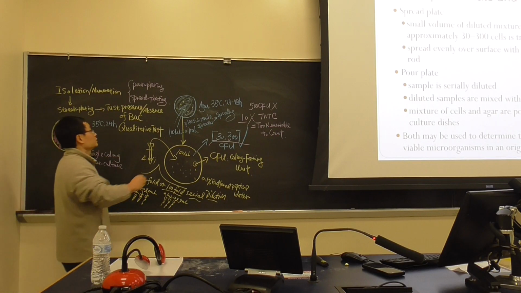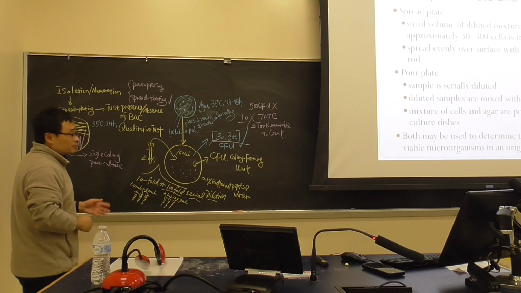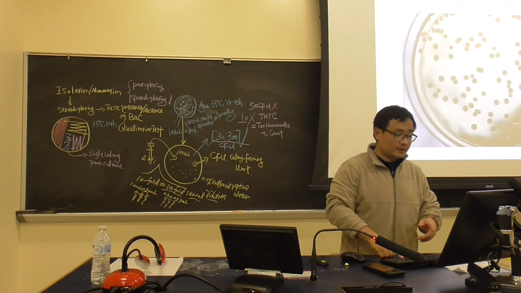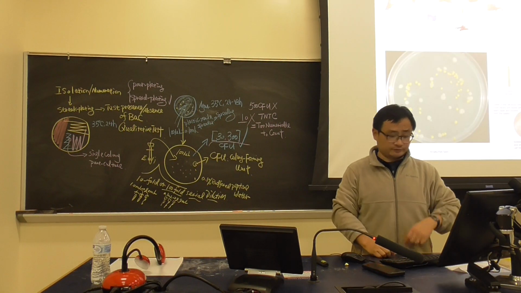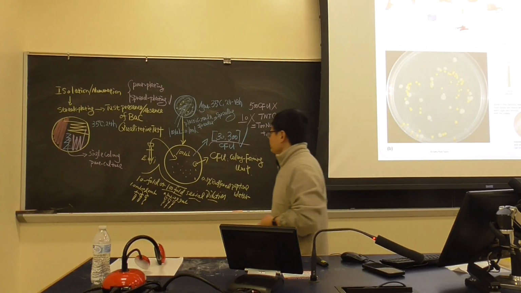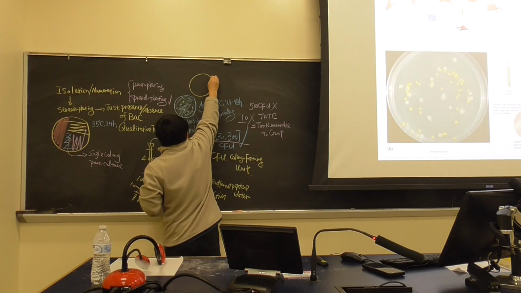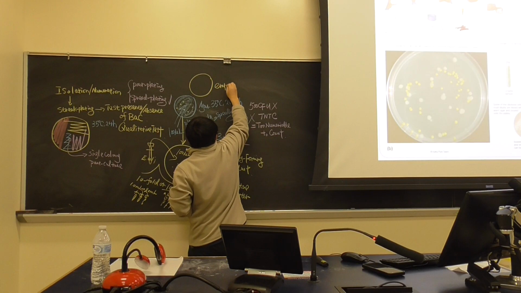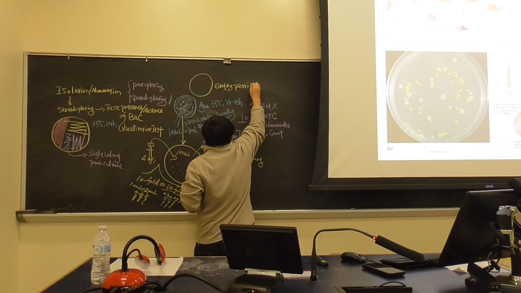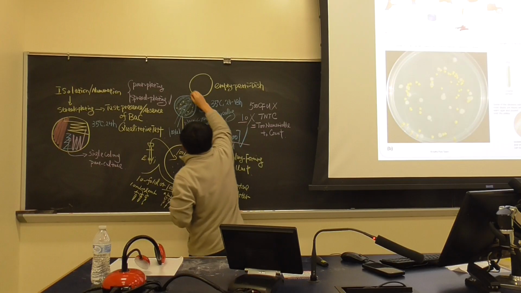Okay, that's spread plating. What is pour plating? Spread plating is where we have agar plates already made. Pour plating is where we have an empty petri dish, and I'm adding liquid.